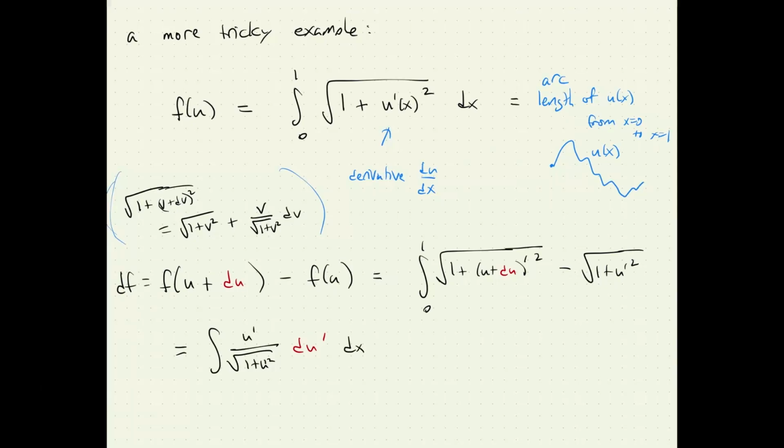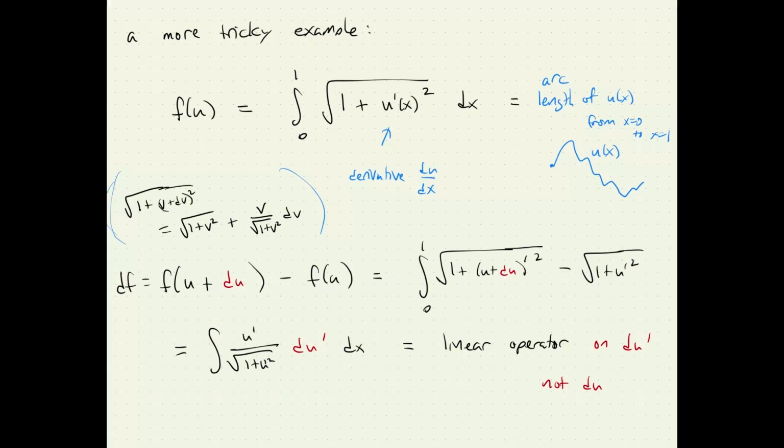So this is a linear operator, but it's acting on du primed, not on du per se. The derivative is a linear operator on du, but I'd like to write it directly in terms of du, because eventually I'd like to take a gradient and write it as a dot product of something with du.